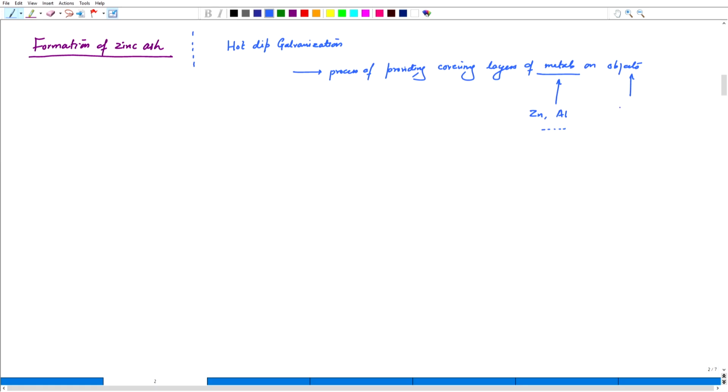Normally these objects are steel and iron products. These could be sheet, or other shaped products, but normally these are of iron and steel. Basically these are the objects that are galvanized. And what are the protective layers? These are basically zinc and aluminum. So in this case right now we are focusing on hot dip galvanization using zinc as the molten bath.